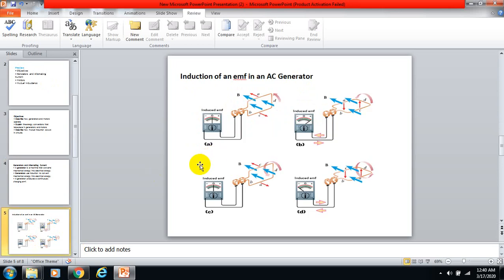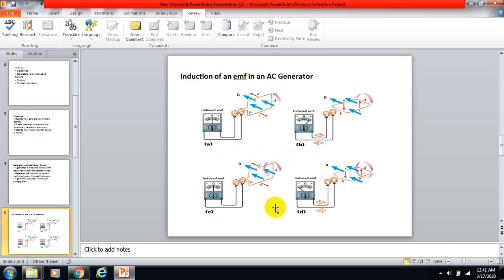Now come to the 5th slide. Induction of an EMF in an AC generator. AC generator means what? Alternating current generator. You can see the induced EMF for A, the induced EMF for B, for C, and for D respectively. They are all the same.